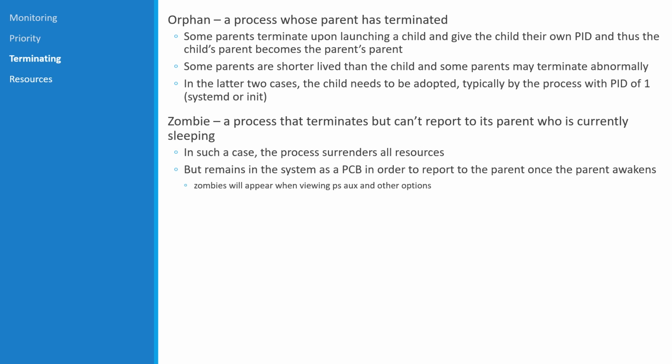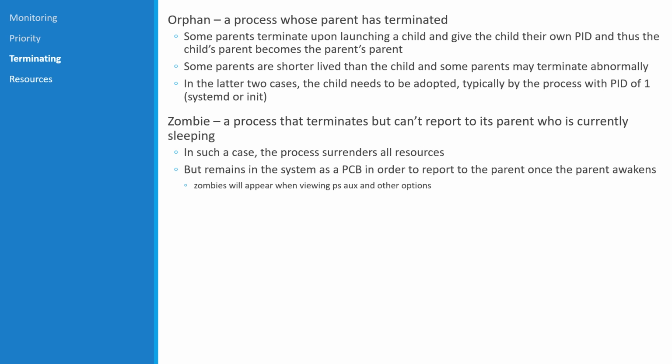Now, what happens when you run a command and the parent of that process stops or is no longer running? Does that mean that all of its children die? Of course not. The children continue to live after the parents die. You can also have a zombie process. That's a process that terminates, but it can't report to its parent, which is currently sleeping, right?